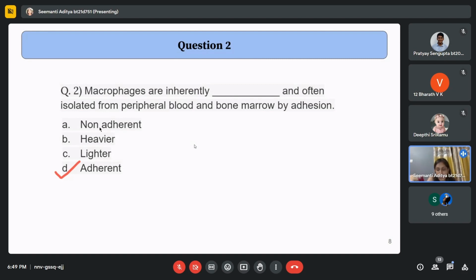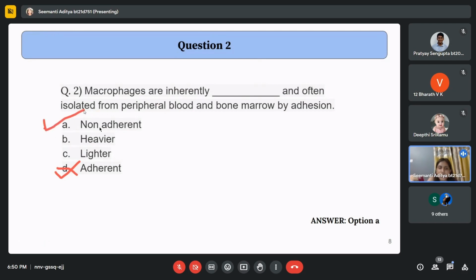In culture, outside the body, they become non-adherent. They inherently have adherent properties, but in culturing conditions they turn out to be non-adherent. So the correct answer is, oh, sorry, the answer is non-adherent. This is not D. Macrophages basically are non-adherent only.